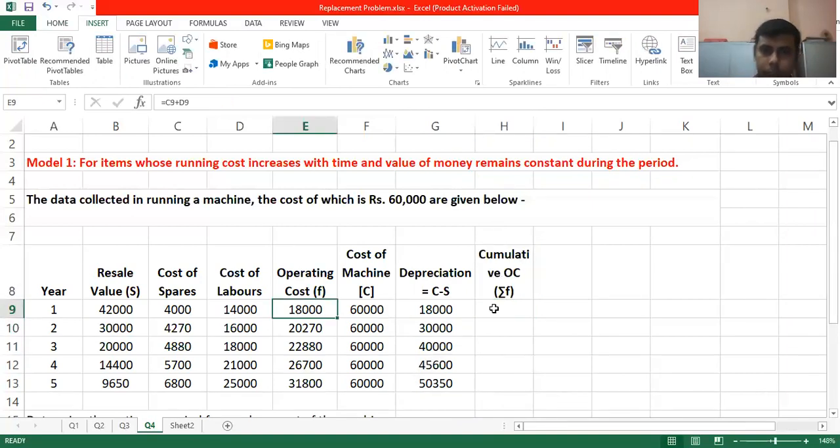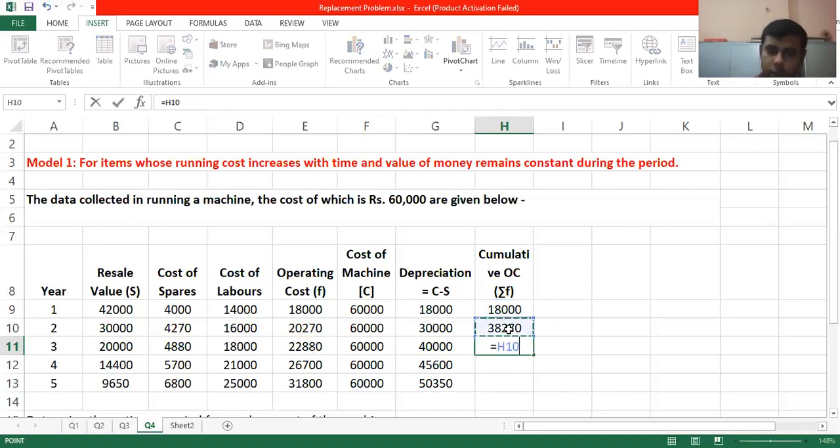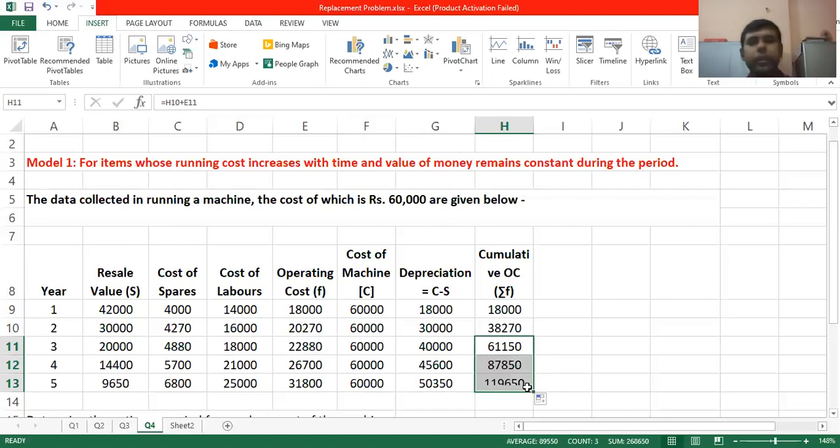That means for first it will remain same. Second one, it is the summation of these two. So this plus this. Third, it is summation of these three. So this plus this. And likewise I drag down.